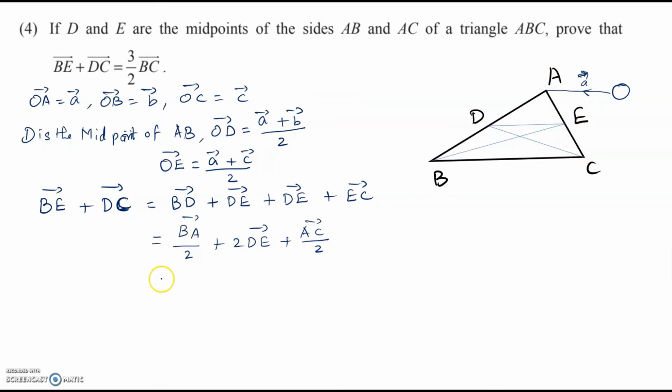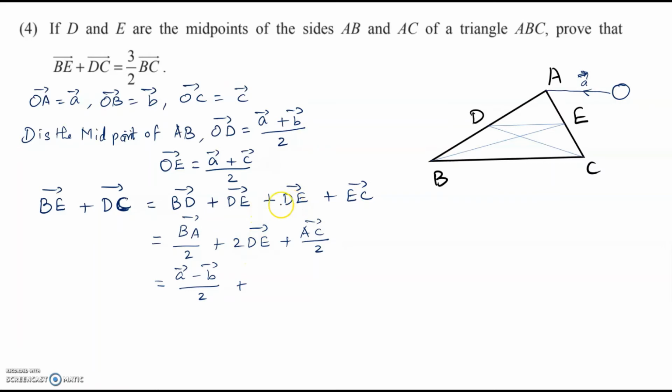Okay, now further, substituting the values of the position vectors in BA, we can define our vector BA as minus B vector plus A vector. Minus B, because B vector is in this direction. In other words, we can call this as vector A minus vector B by 2 plus our DE vector.